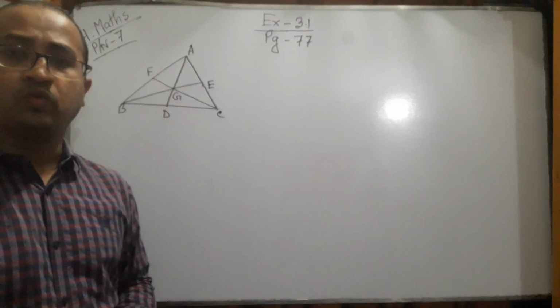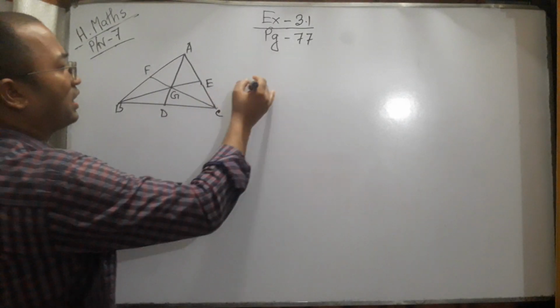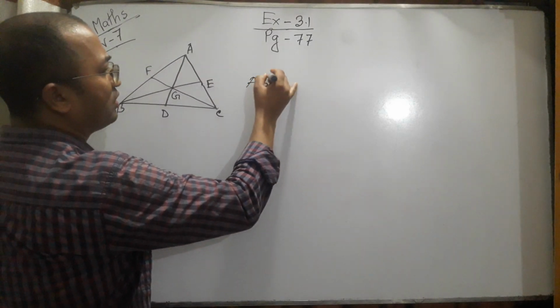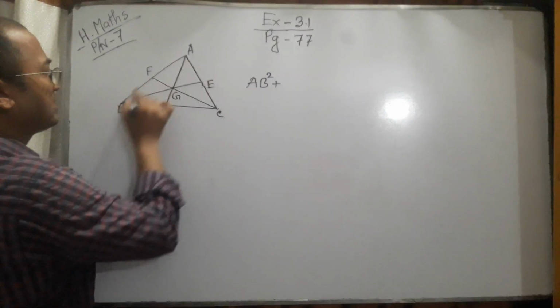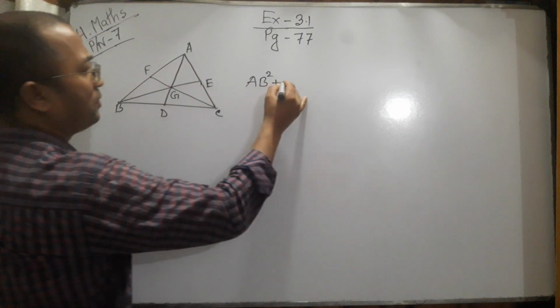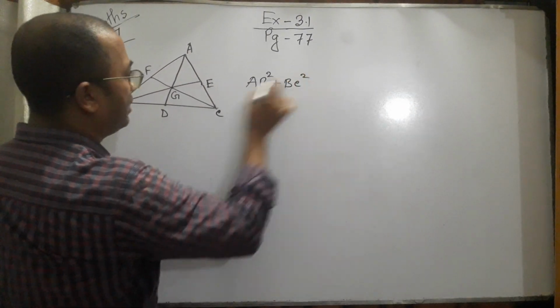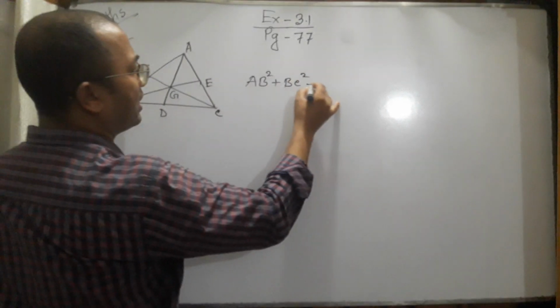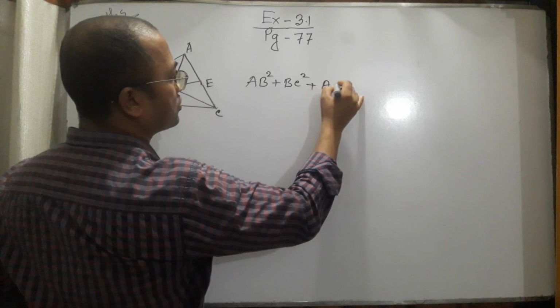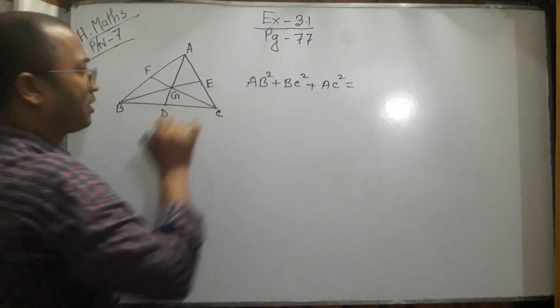Now what we will prove that? Here we will prove that AB square, this line AB, plus BC square, this line, plus AC square, this line.